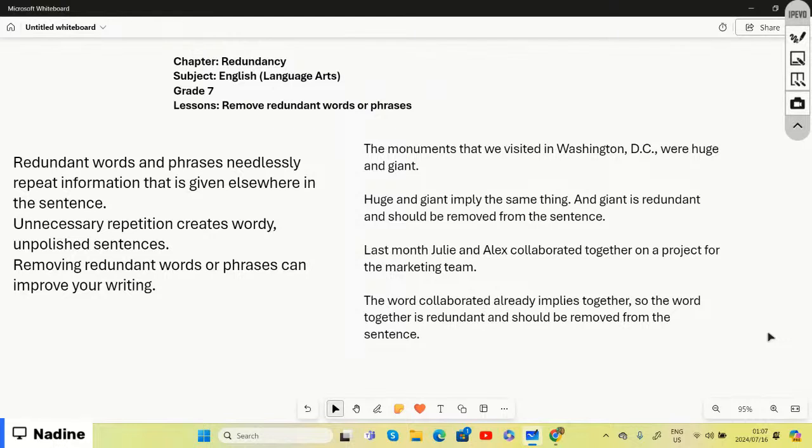So we said redundant words and phrases repeat information that is given elsewhere within the sentence.